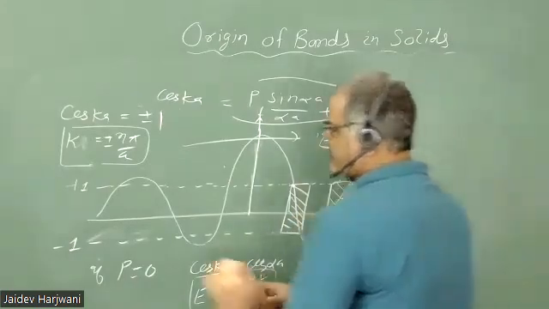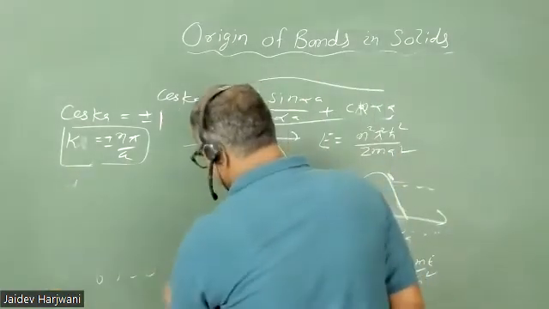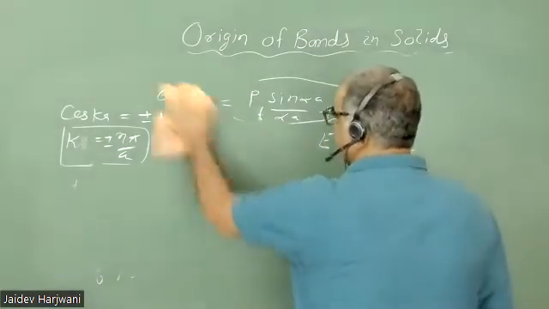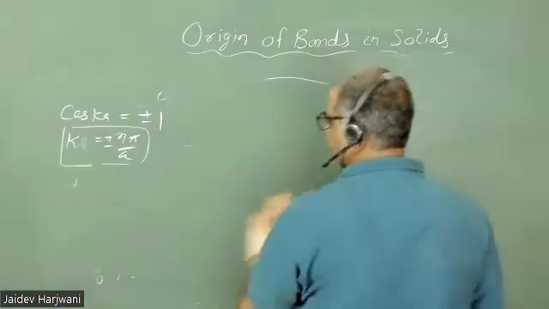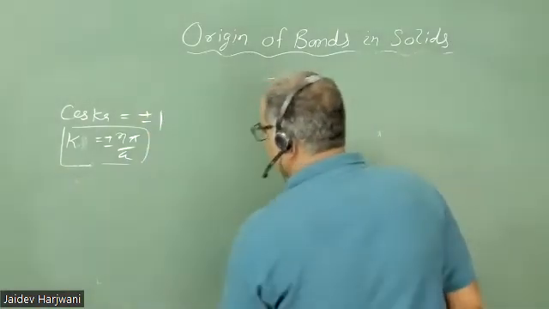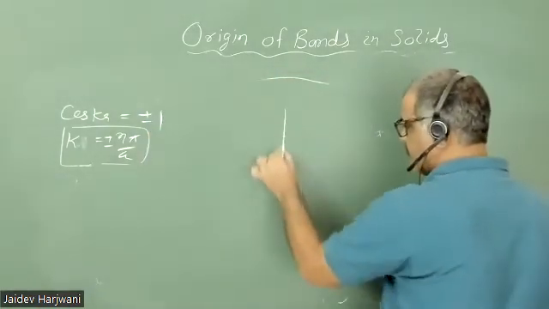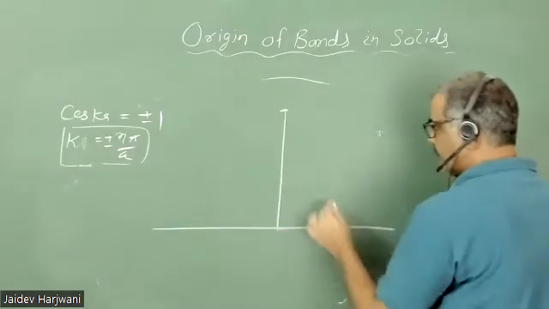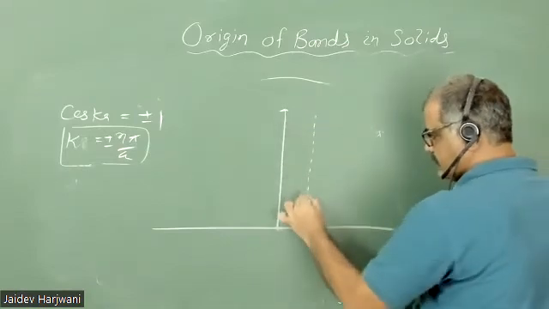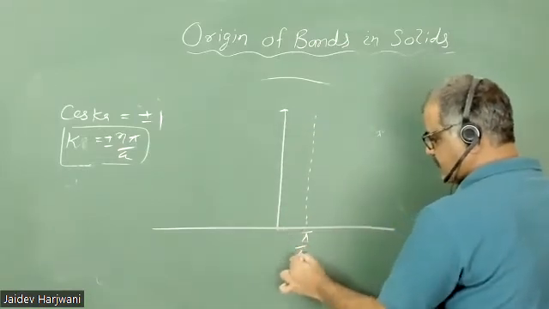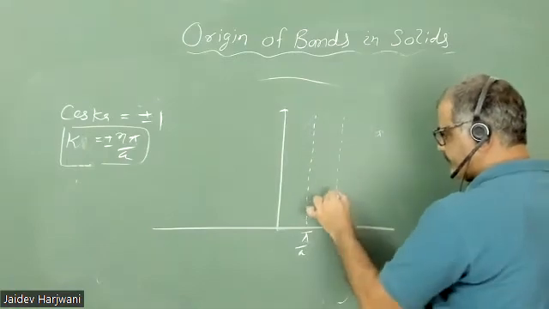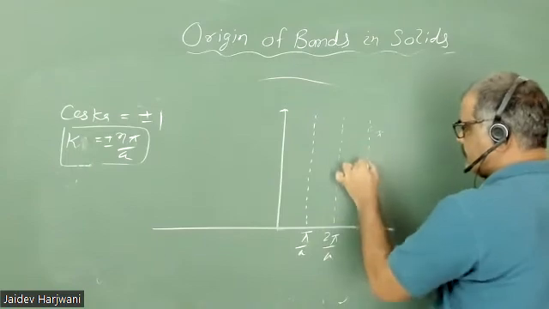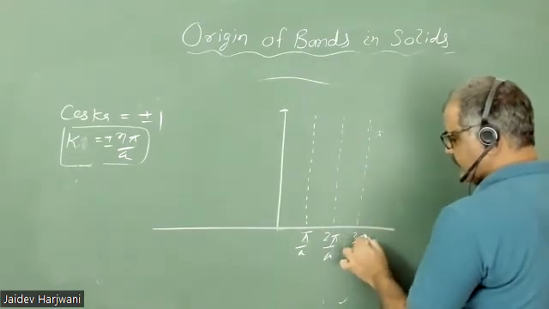Now let me plot this k versus energy graph, because we are more interested in k values. So if I plot the k versus energy graph, this k is pi by a, this is 2 pi by a, and this is 3 pi by a.